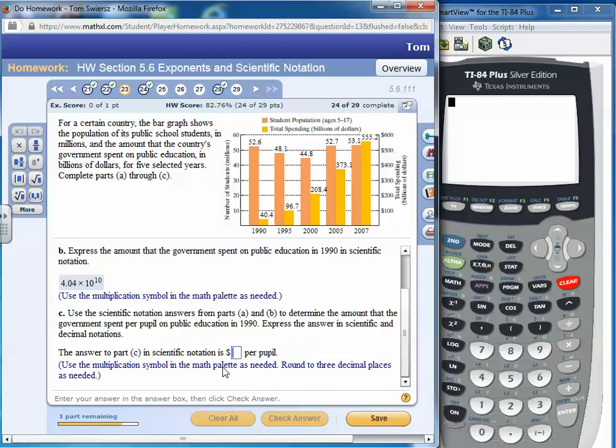Okay, the answer in part C in scientific notation. How much is the government spent per pupil? Okay, so we're going to divide the money by the number of students, right?